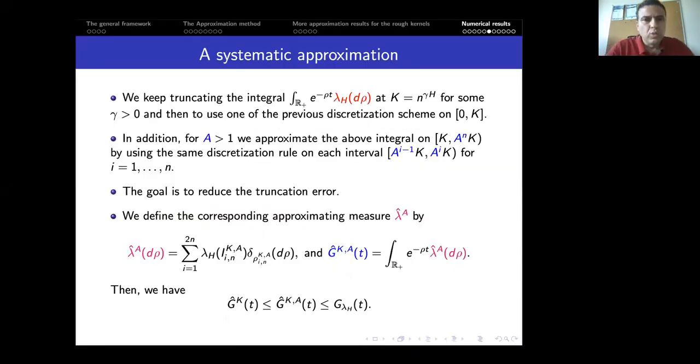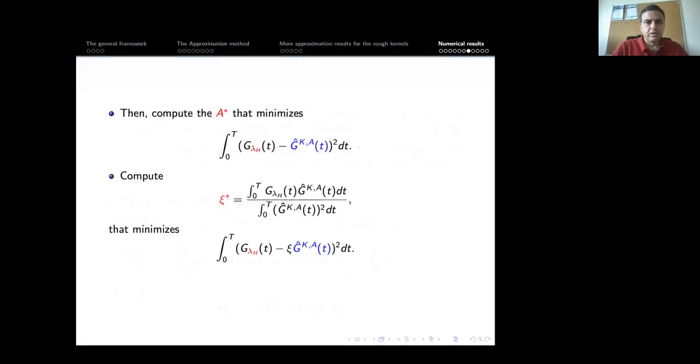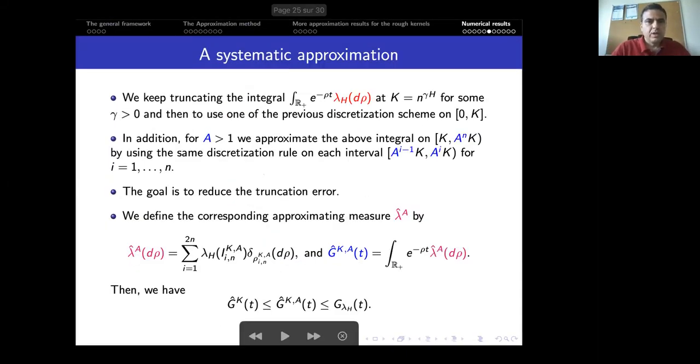Okay, so what is this systematic approximation and how does it work? As before, we keep truncating. If I want to summarize this systematic approximation in two words, we just have to be more careful in our truncation procedure.